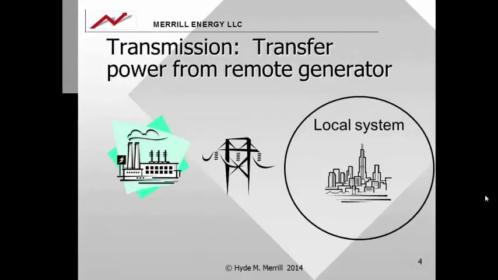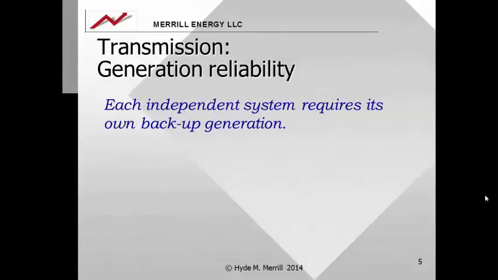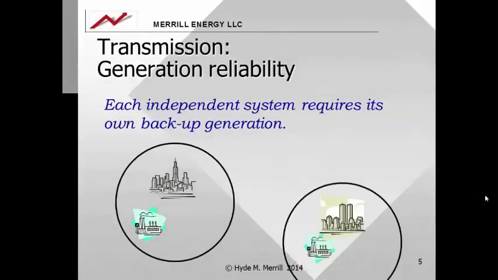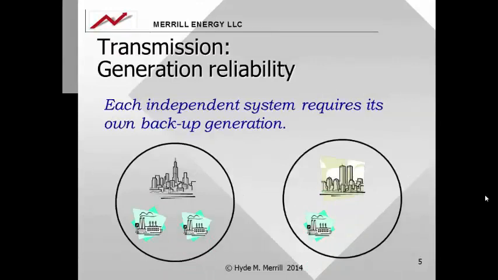The first application of transmission was to connect remote generators to local distribution systems, to the customer load. As power systems developed, each area had its own independent power system, and each independent power system had its load and its generation and backup generation. The backup generation was necessary to supply load to the customers when the primary generation was out of service.